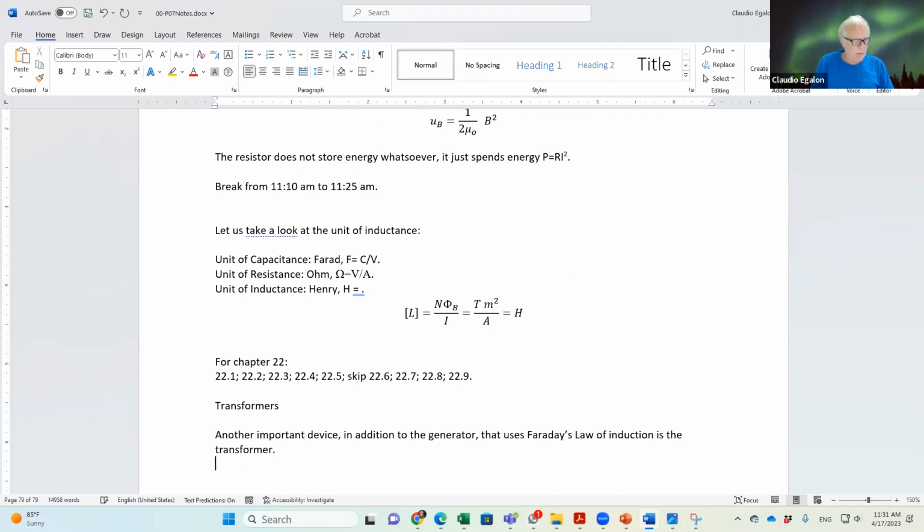And we have transformers all over the place. The electricity that goes from the power lines outside your house needs a transformer to bring down the voltage before it goes into your house. And transformers are very efficient devices.